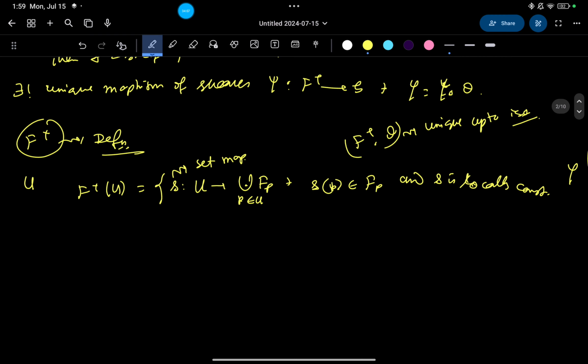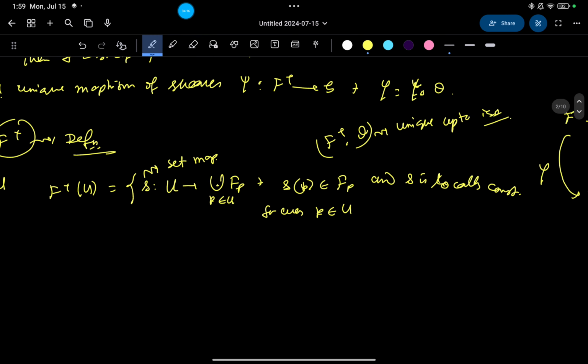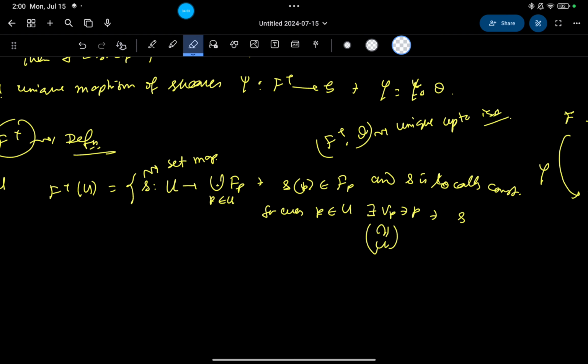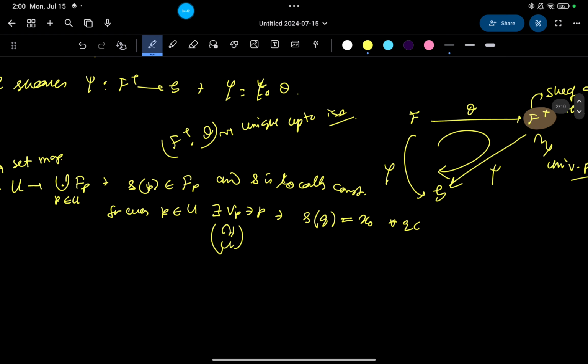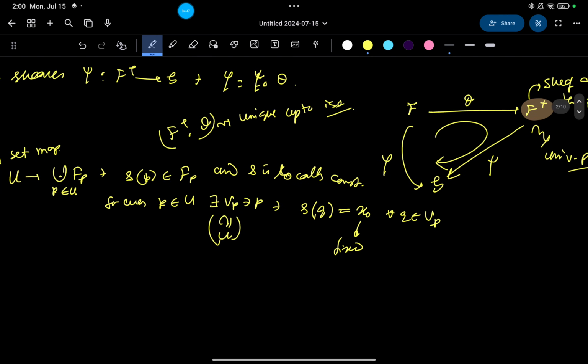So what does locally constant map mean? It means for every small p belongs to U, there exists V_p containing p, inside U, such that S restricted to V_p, means S of Q is a particular x naught for all Q belongs to V_p, and x naught is a fixed element.